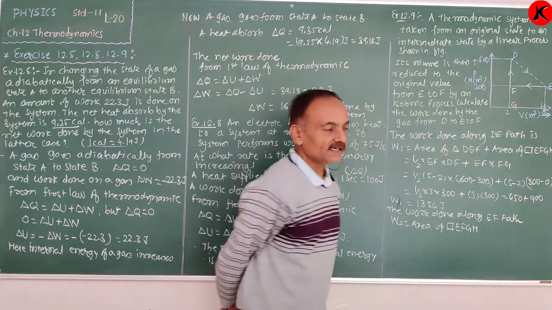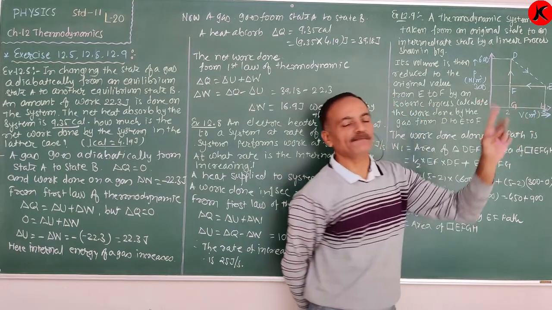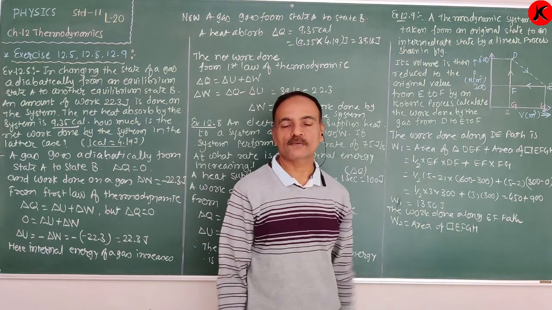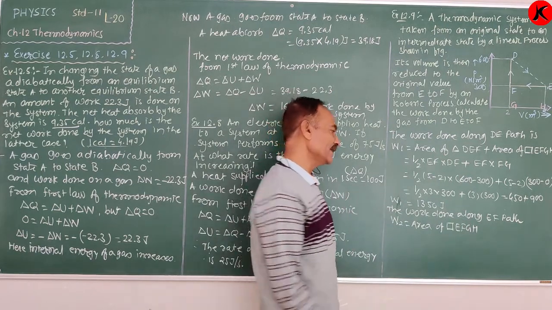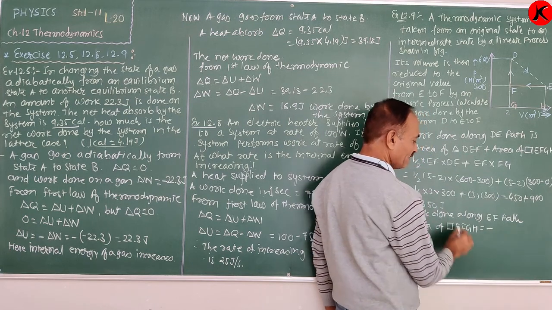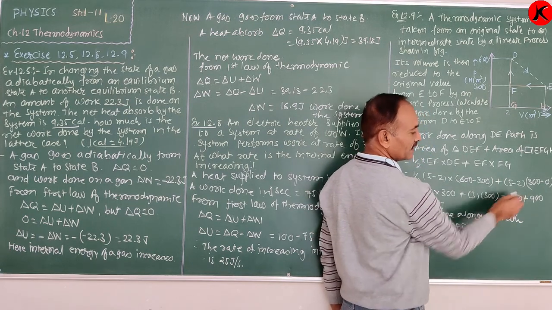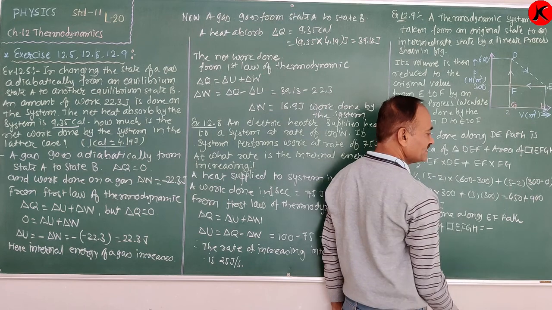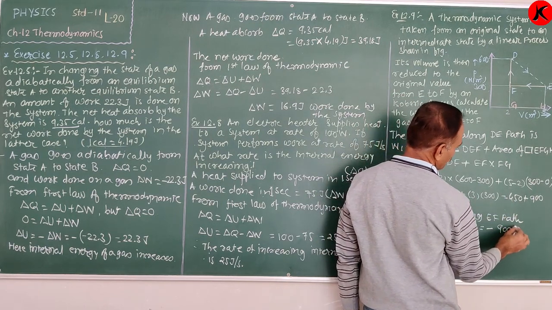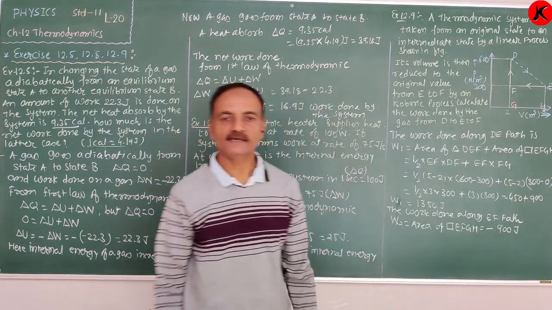But here the volume is decreased, therefore the work done on the system is negative, so here a minus sign. Already we found the area of this rectangle EFGH: 3 into 300, that means 900 joule.